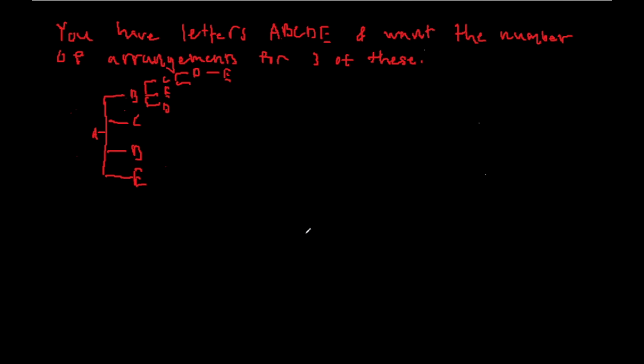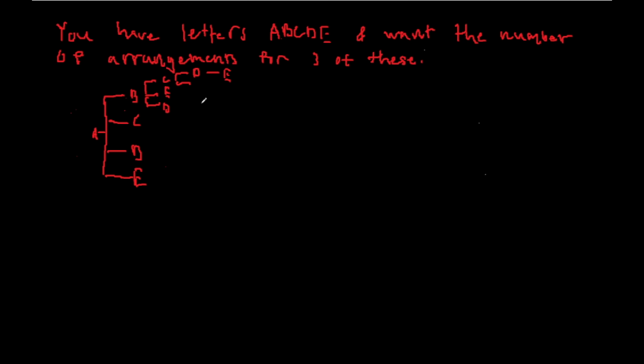Here you can see the problem says you have letters A, B, C, D, and E, and want to find the number of arrangements for 3 of these letters. I've already drawn one of the arrangements.